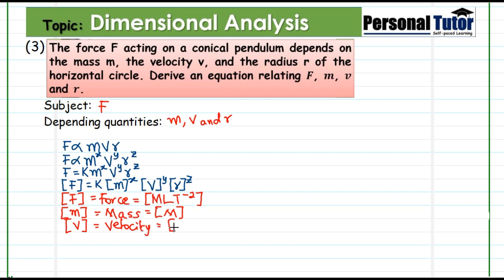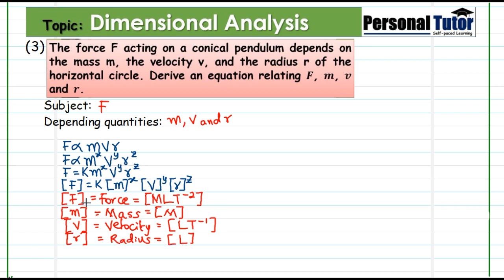And velocity has L T exponent minus 1 as its dimensional equation. And the last is the r, which is said to be the radius. Radius here expresses a length, and so its dimensional equation is a capital L.